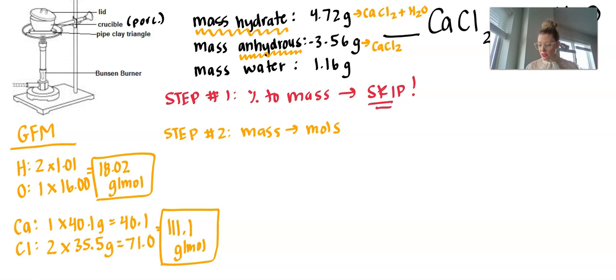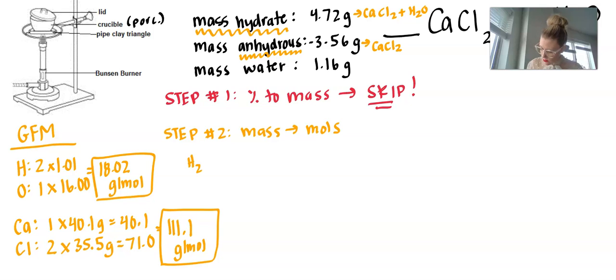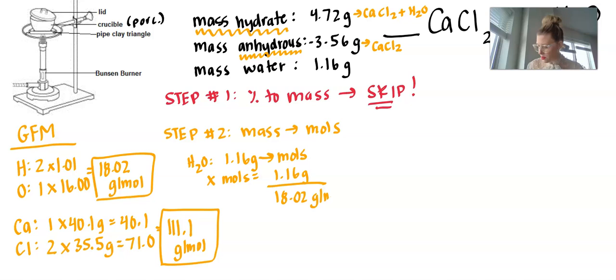So first, to convert the water, for H2O I have 1.16 grams, and I need to convert that to moles. So X moles equals 1.16 grams divided by 18.02 grams per mole. Calculating that out, we get a total of 0.06 moles.